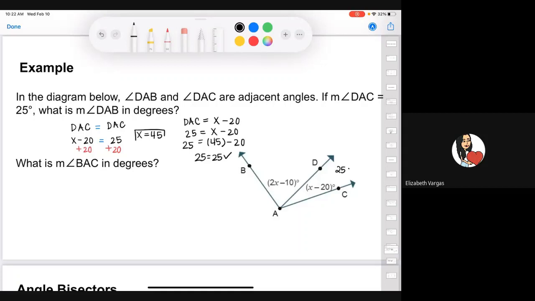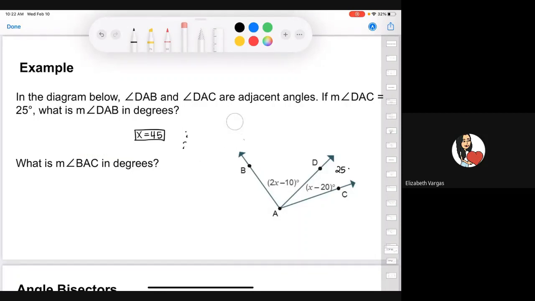And so now that we know that x is 45, we want to find DAB. And so that means we would plug in x where DAB is, and x is 45. DAB is equal to 2x minus 10. How do I know that? Because it tells me right here.